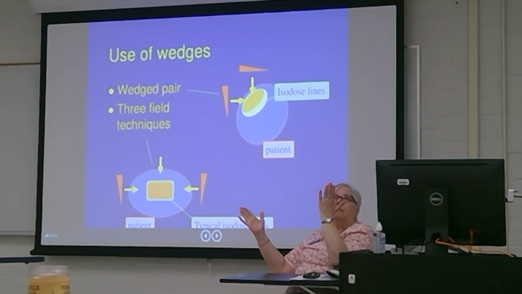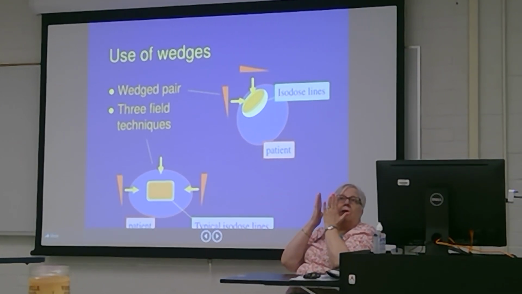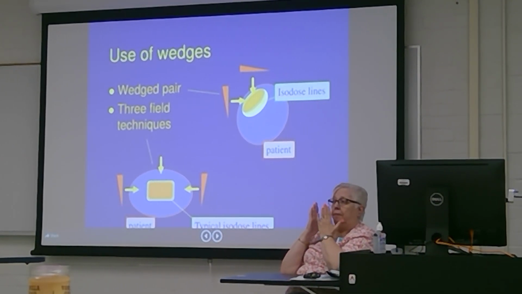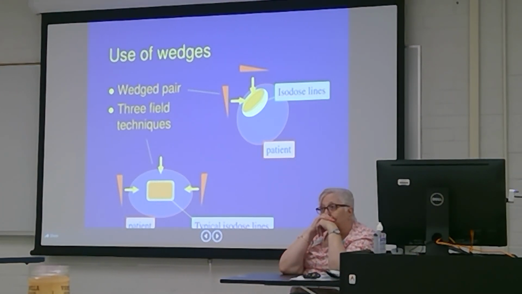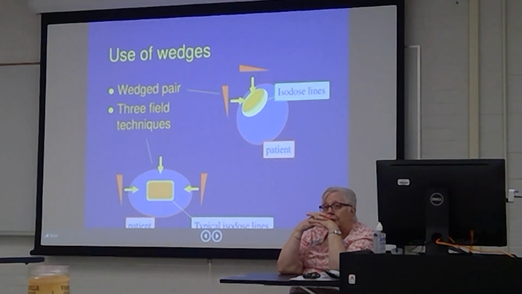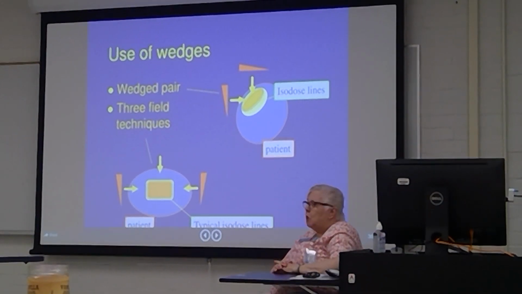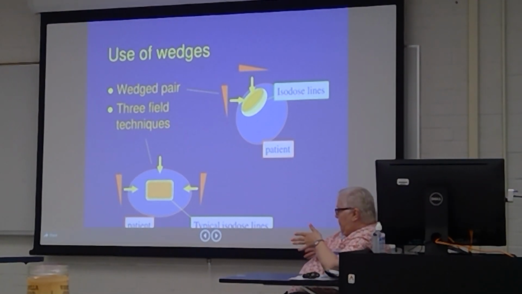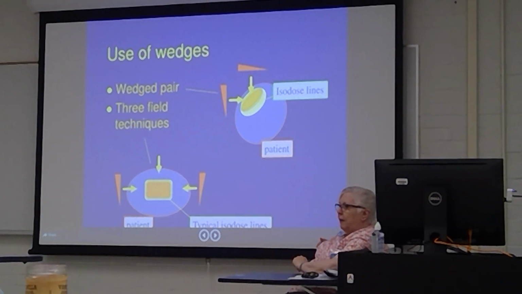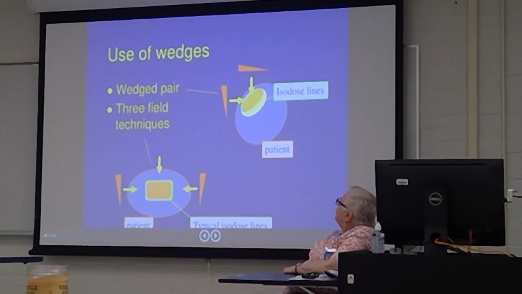We're coming from an angle this way, an angle this way. Anybody? Take a guess. If you're wrong, that's fine. Somebody else is obviously thinking the same thing. No. It could be a tangent pair, not a wedge pair, for the breast.